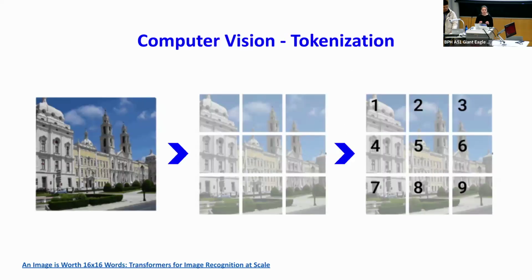So as you remember with language, we have a single string of text, and we broke it into separate tokens. So the first question that we have with a vision transformer is, how do we break this one image into separate pieces? And the first idea was, what if we just have a grid, 6 by 6 pixels or some other combination, and then we have separate pieces of this image that we feed to our transformer.